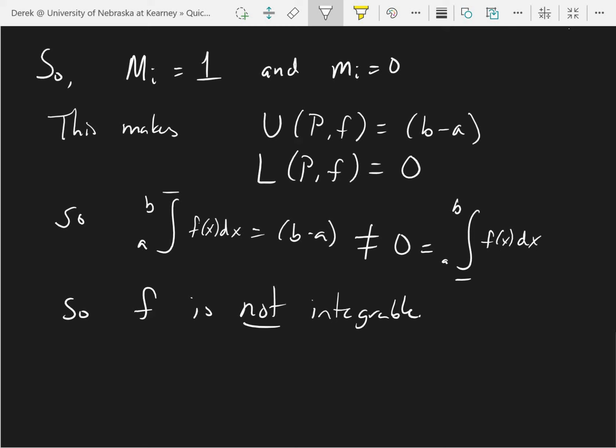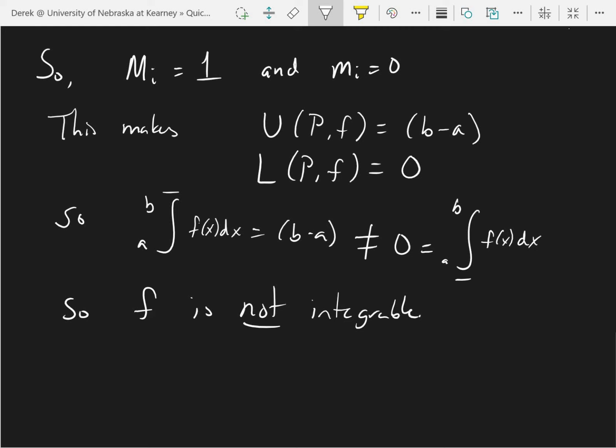Okay. So here we had problems because of discontinuity, and it wasn't just that it was discontinuous at a few points, it was sort of discontinuous everywhere. If it's discontinuous at a few points, we can kind of fix that by putting those points inside the partition, and then we can kind of avoid dealing with them by making where we're looking at those discontinuities really, really small.